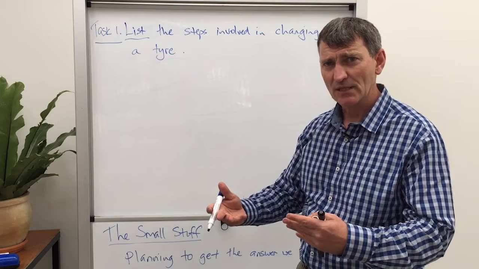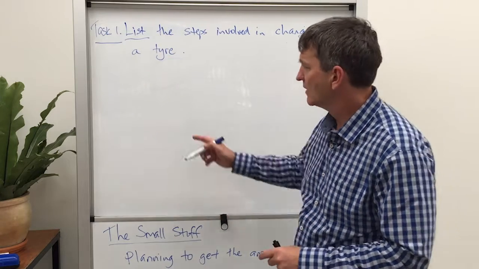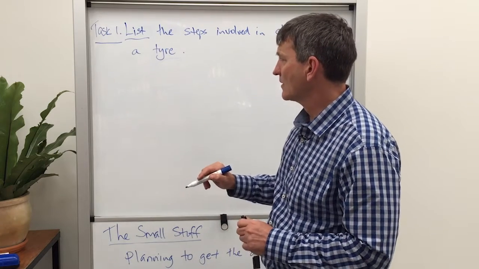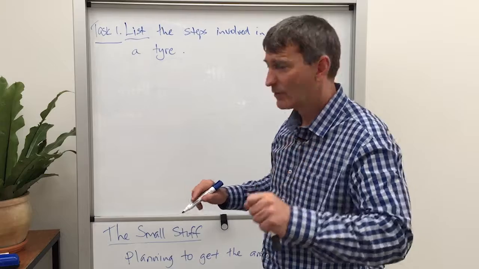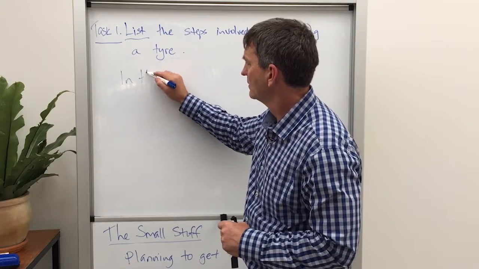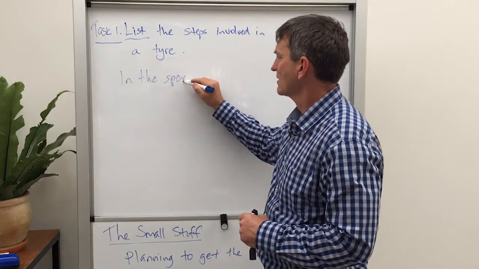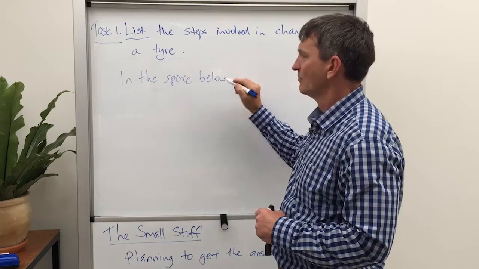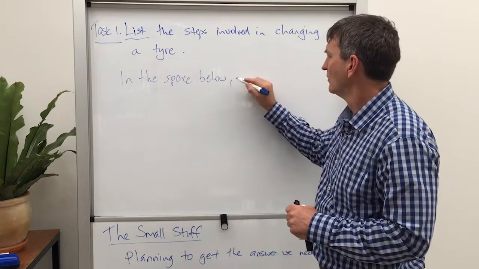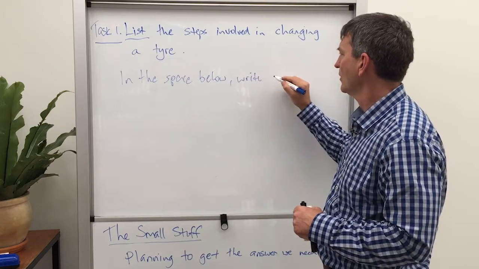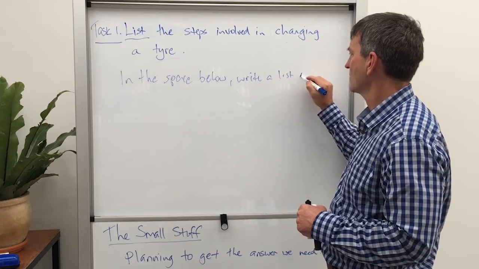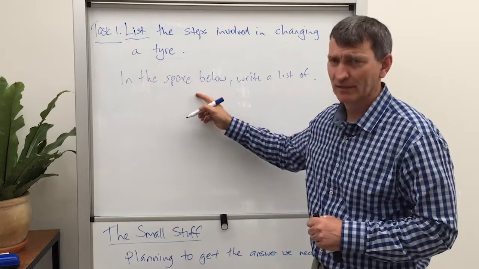If we want it to be a written task and we want them to list the steps, then perhaps we could rewrite it to be in the space below, write a list of. Okay?